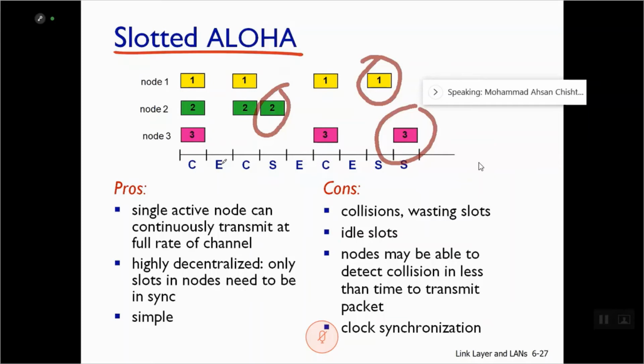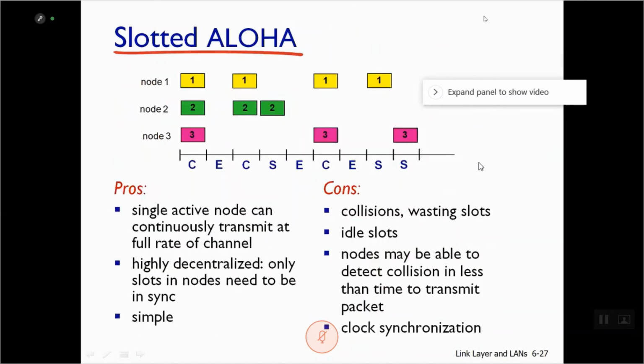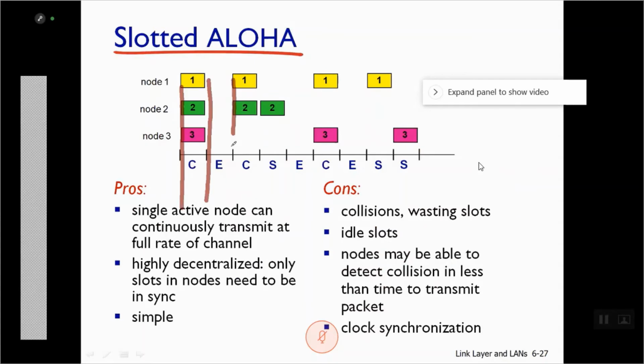Another thing that we see here is clock synchronization. What is clock synchronization? This is the start. This is another start.